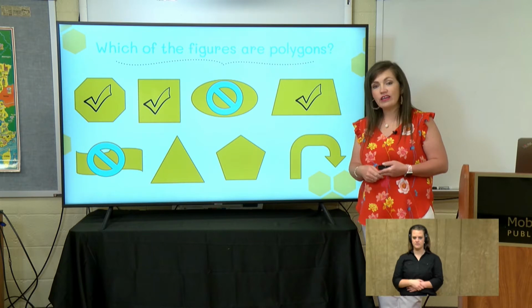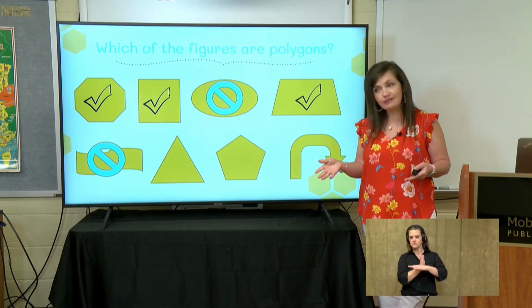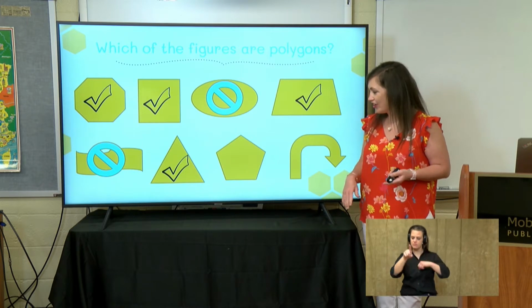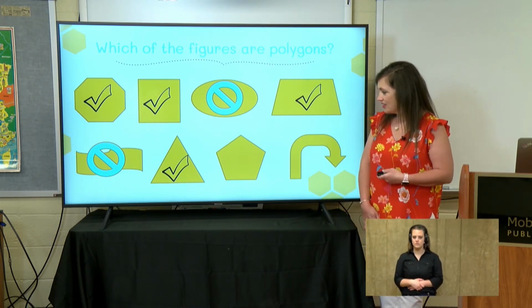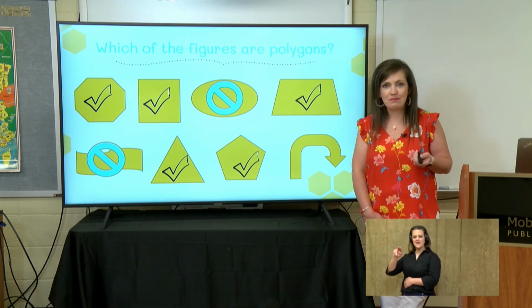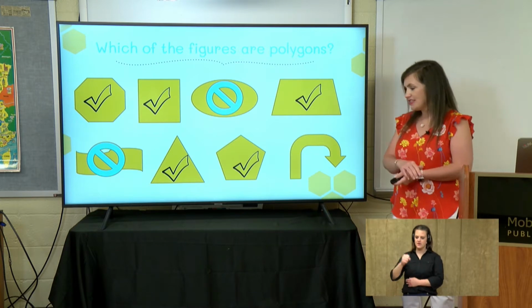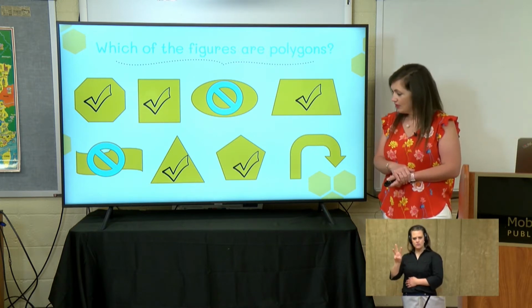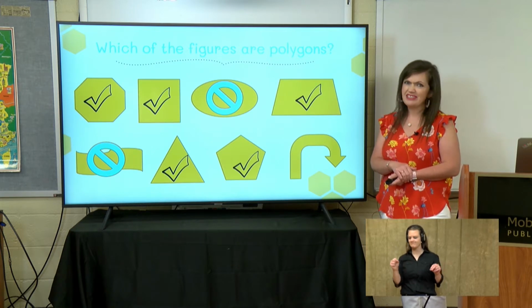Let's look at that triangle. It has 3 straight sides. Is it a polygon? Yes, it is. Very good. All right, and let's look at this pentagon. It is a polygon because all of the sides are straight. What about this arrow? All right, is that a polygon? No, it's not, is it?